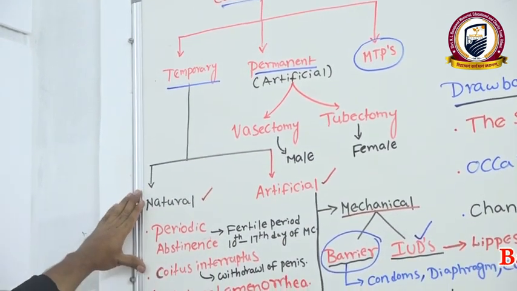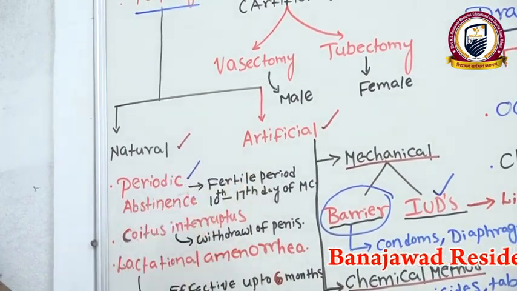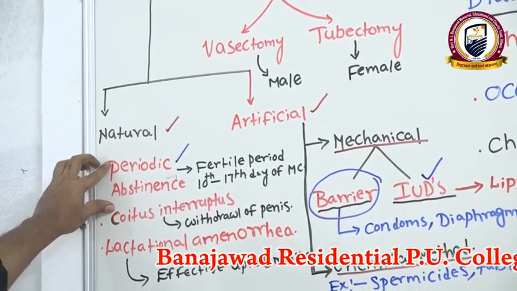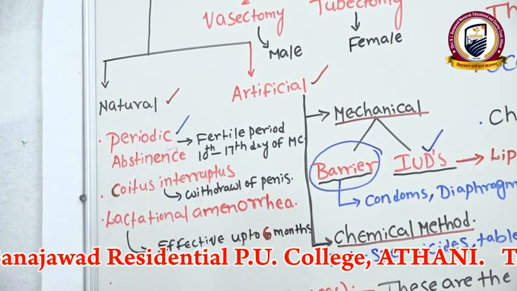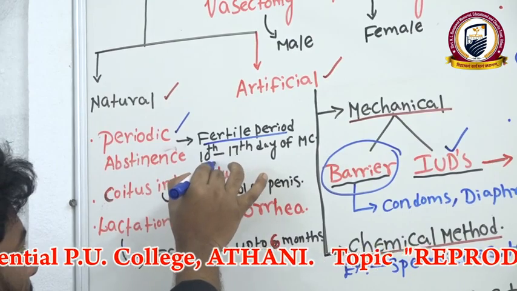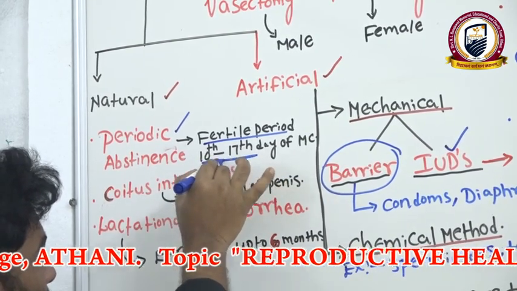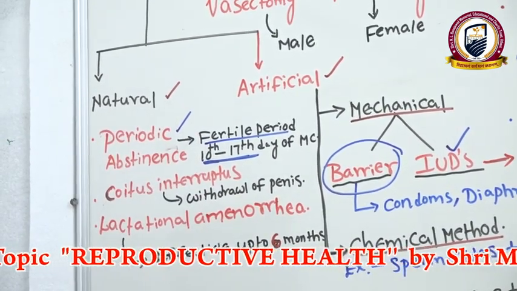Under the category of natural, we have already discussed periodic abstinence, or else we can say safe period, and also we can call it the rhythm period. In this, we already explained the fertile period. In the fertile period, the 10th day to 17th day of the menstrual cycle, we do not participate in sexual contact.